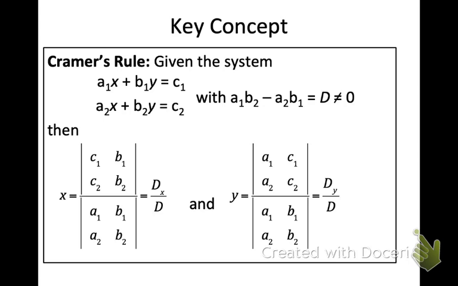All right, so what Cramer's rule says is if you are given the following system, and all we're using is just subscripts of 1 and 2 to differentiate between the first equation and the second equation. So if you have a sub 1 x plus b sub 1 y equals c sub 1, and a sub 2 x plus b sub 2 y equals c sub 2, and when you go to calculate your determinant, it's not equal to 0.